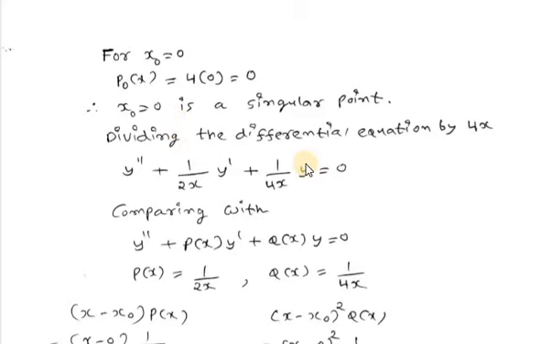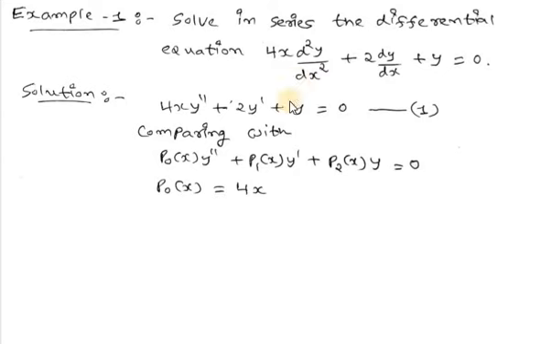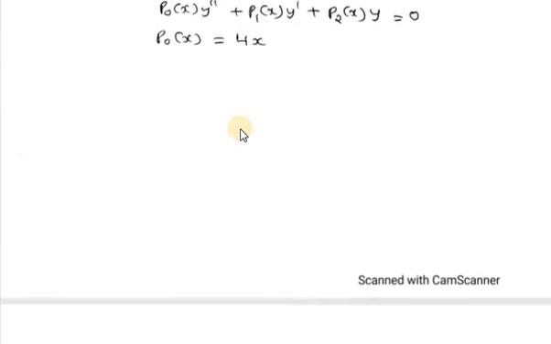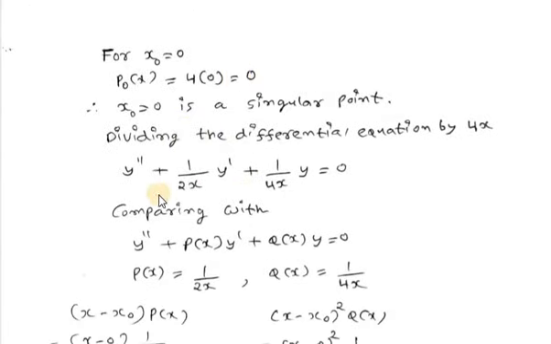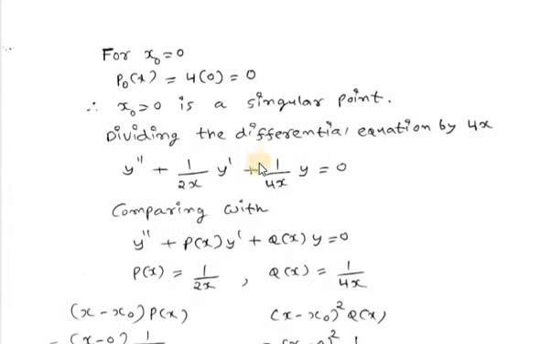Now we will show that x0 equals 0 is a regular singular point. For that purpose, we have to divide the given differential equation by 4x. So dividing by 4x, we have y'' plus 2 over 4x, so it becomes 1 over 2x, into y' plus 1 over 4x y equals 0.